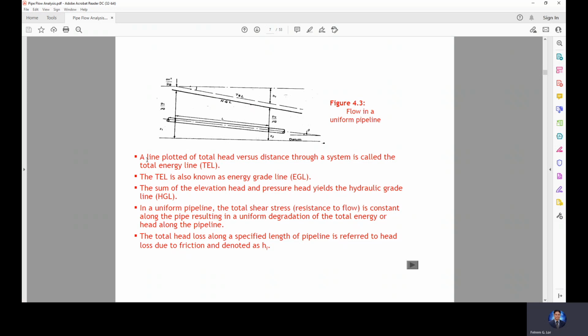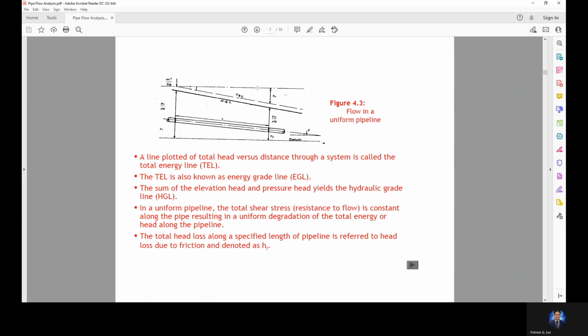A line plotted of total head versus distance through a system is called the total energy line. This is the line I mentioned, projected above the datum.